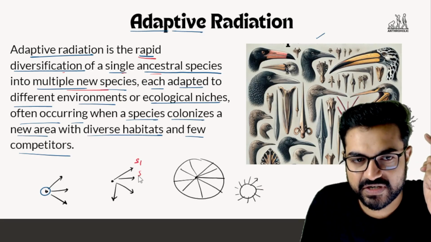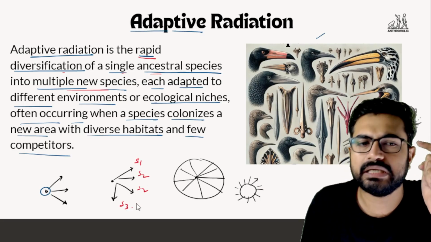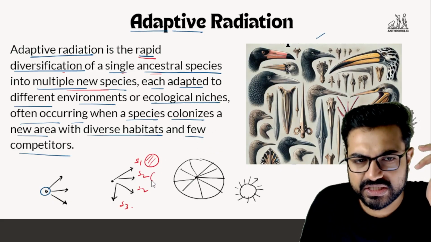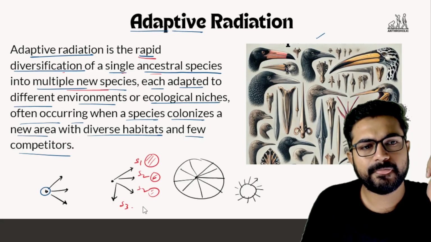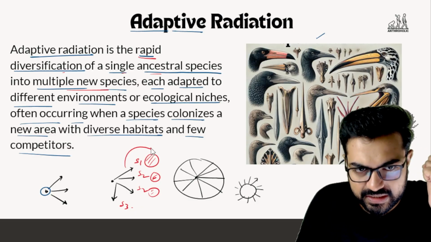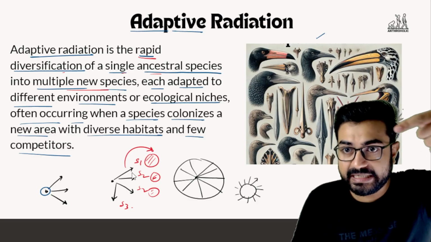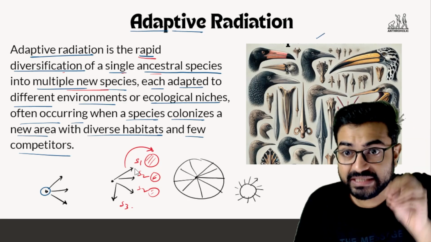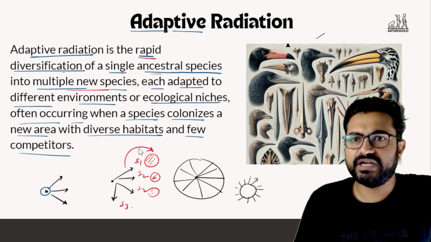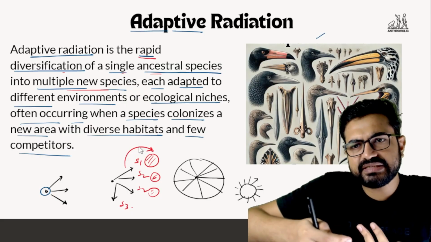Different species were created, species 1, species 2, species 3, and they all had their own separate ecological niches. Often this occurred when a species moved to a different area and colonized that niche with diverse habitats, and gradually started adapting.